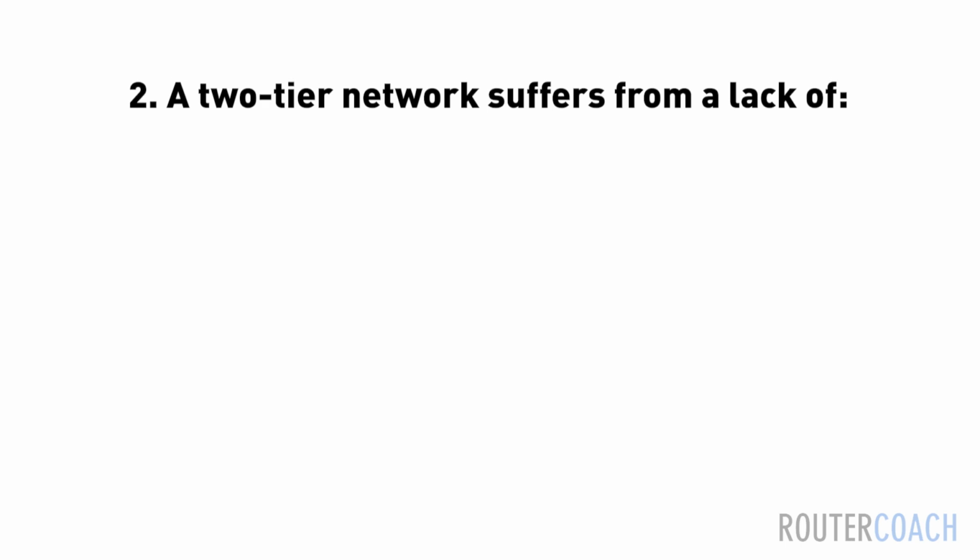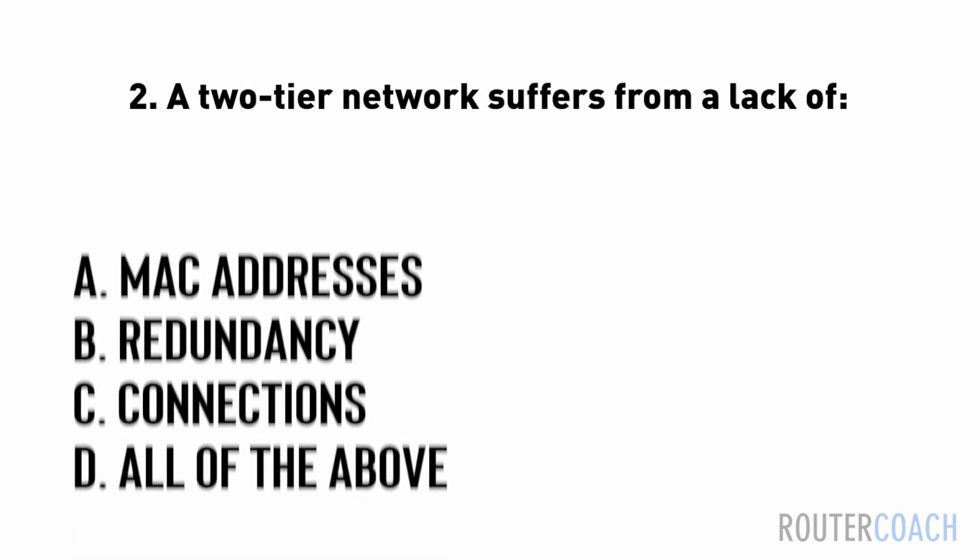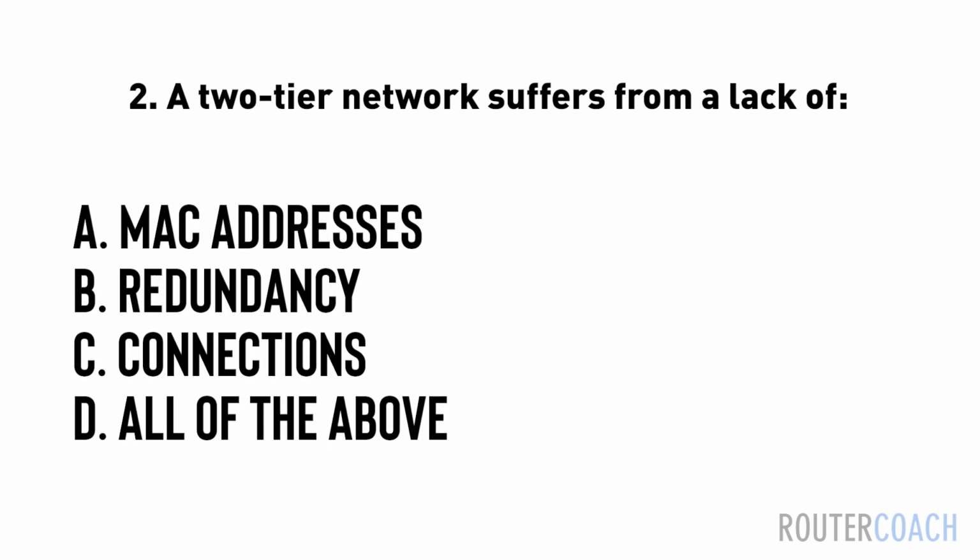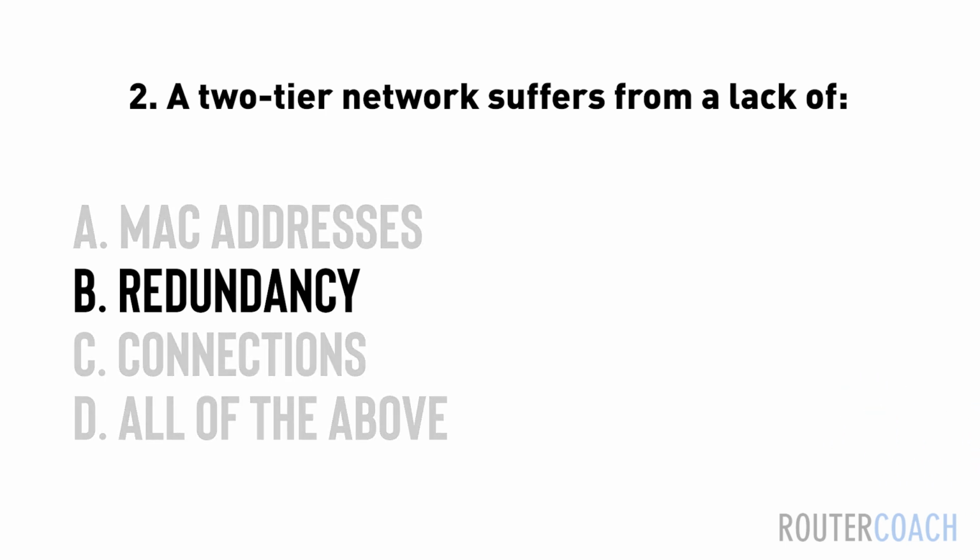A two-tier network suffers from a lack of A. MAC addresses, B. Redundancy, C. Connections, D. All of the above. The answer is B.